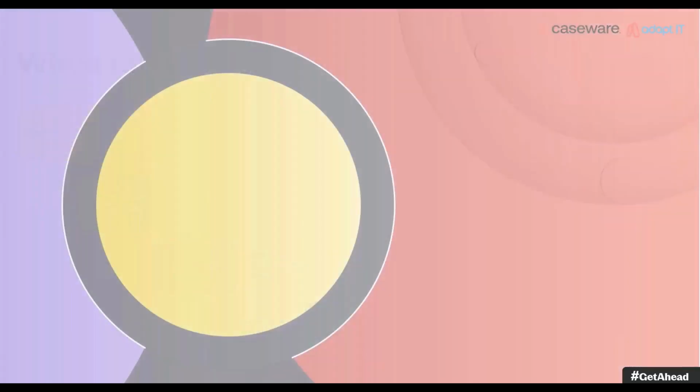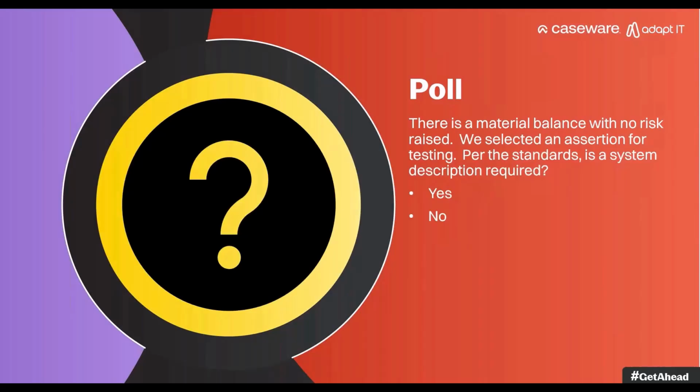All right, let's start with a quick poll. I want to know, in a scenario where there's a material balance with no risks raised, when we selected an assertion for testing, is a system description, a description of the flow of information, required in our audit file?